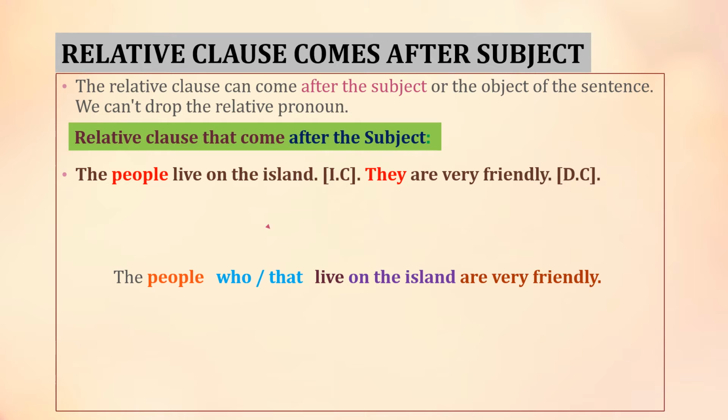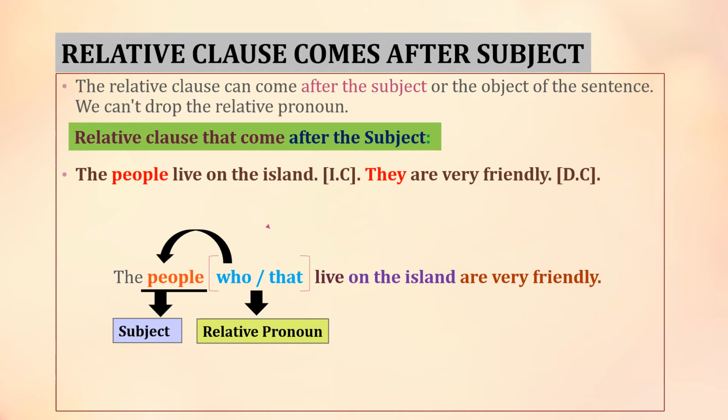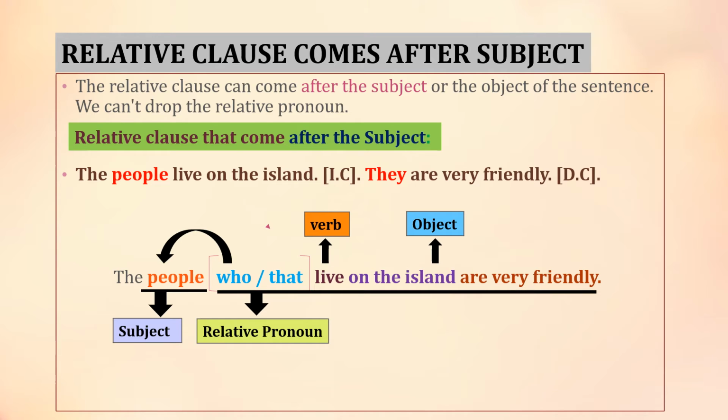We can also say the people that live on the island are very friendly. Here who or that are the relative pronouns. So here who is stating about the people, so it is the subject, and live is the verb, on the island is object. So who live on the island and are very friendly becomes the relative clause.